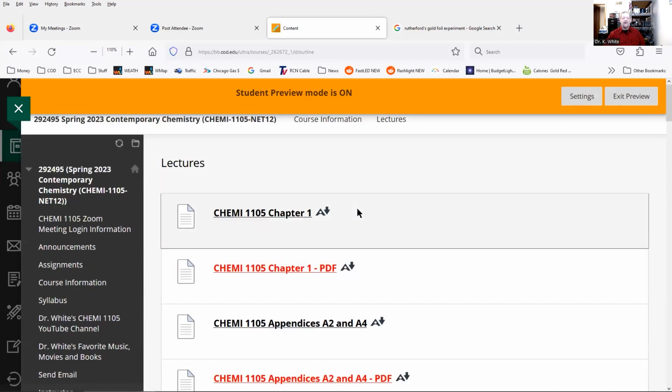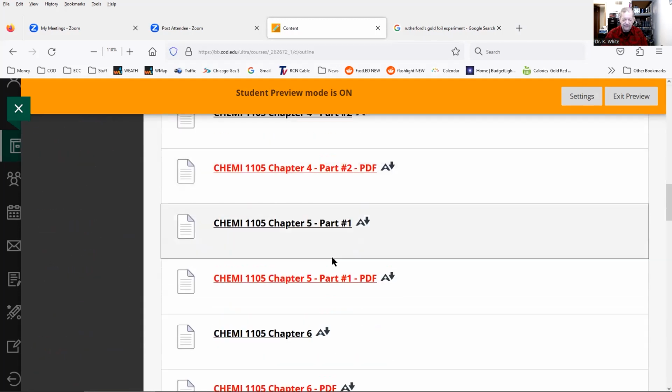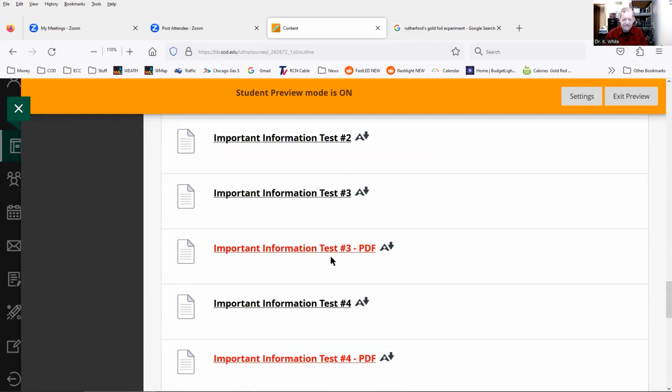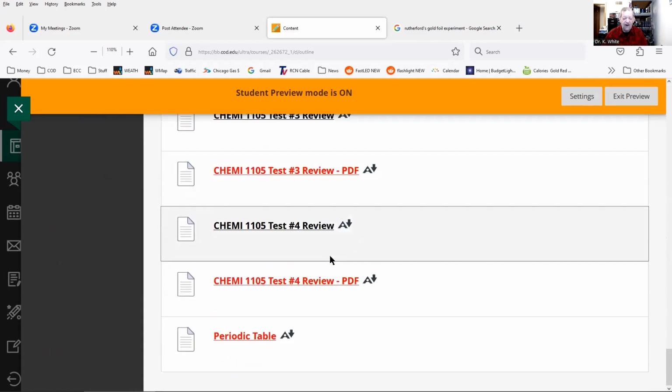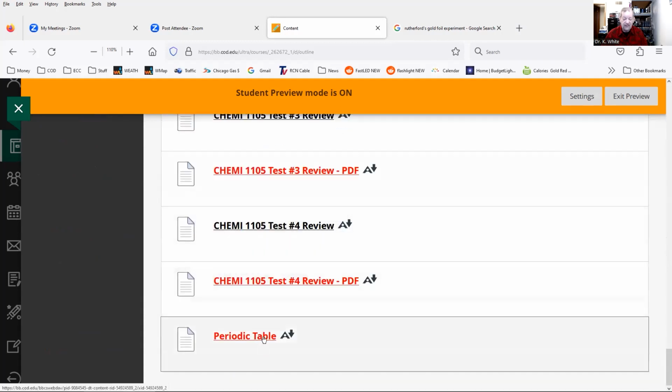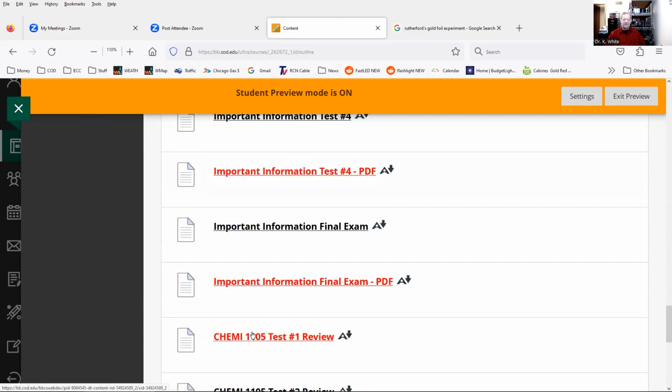Any slide I put up is in this file, like chapter 1, and I post it both as a Word document and a PDF file. If you go all the way to the bottom, that's where the periodic table that we use in this course is, and you can download it. It's a PDF file.